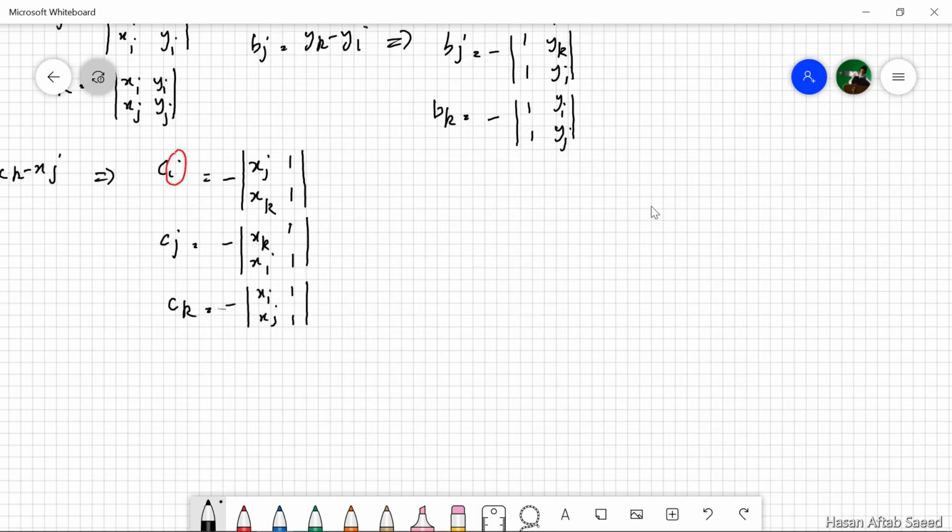Now let's examine the properties of shape functions. If this is I, j and k node, these are the nodes, then what are the properties of shape functions?